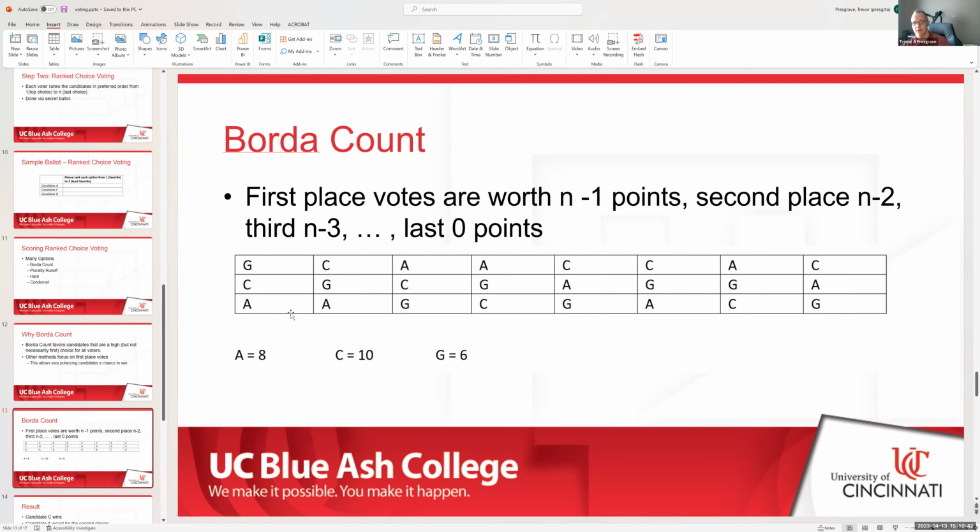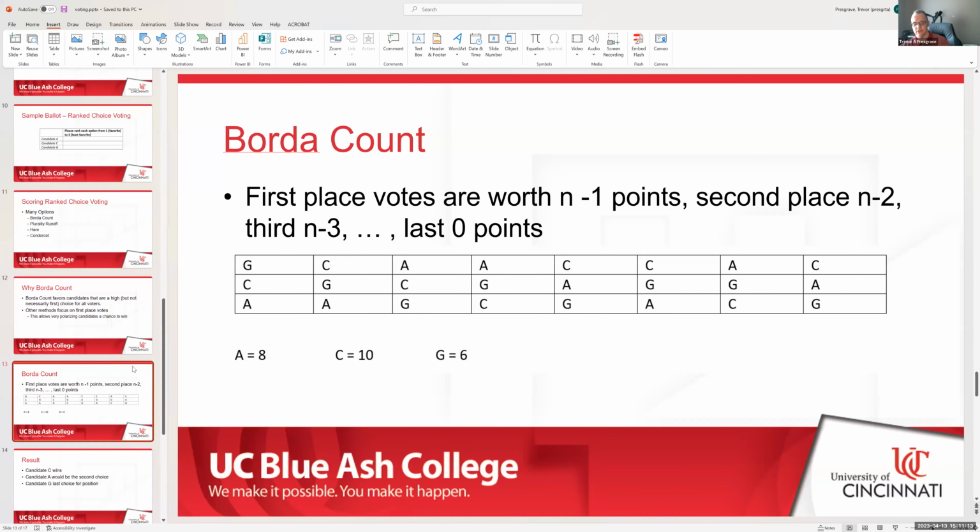Candidate C gets 1 point here, 2 points here for 3, 4, nothing, 5, 6, 7, 8, nothing, 9, and 10. And lastly, candidate G gets 2 points, 3, 4, 5, 6. So now we have all the candidates scored based on where they appear in everyone's ranked choice ballot.